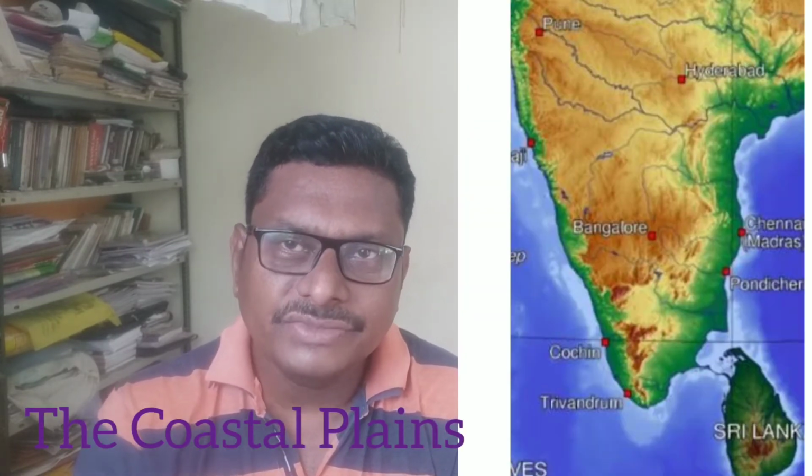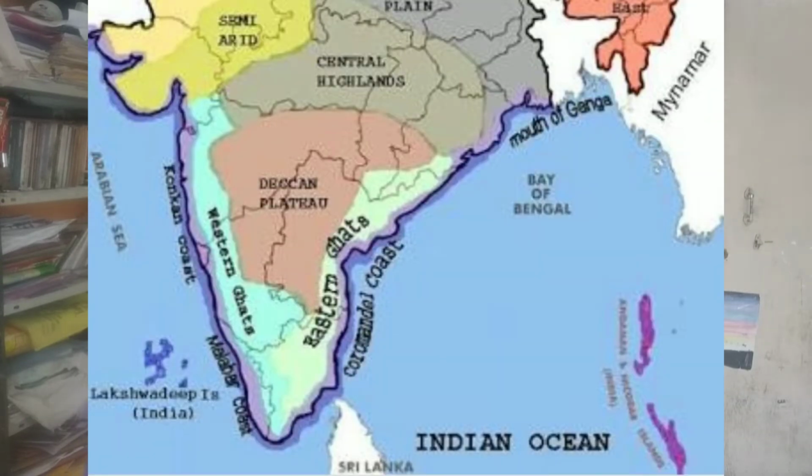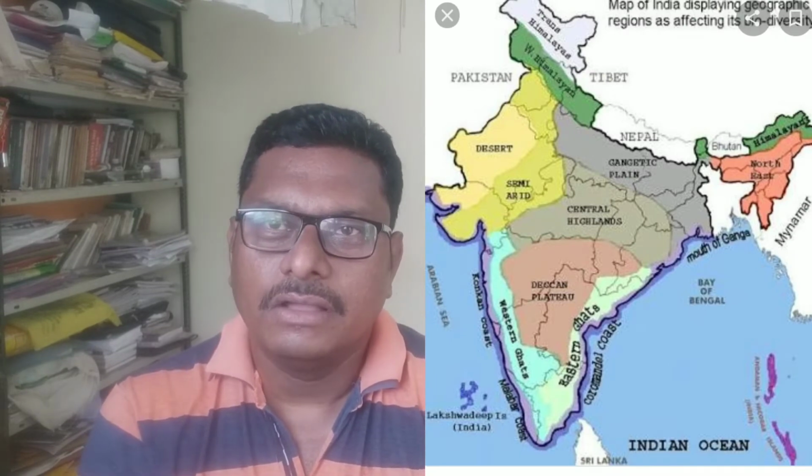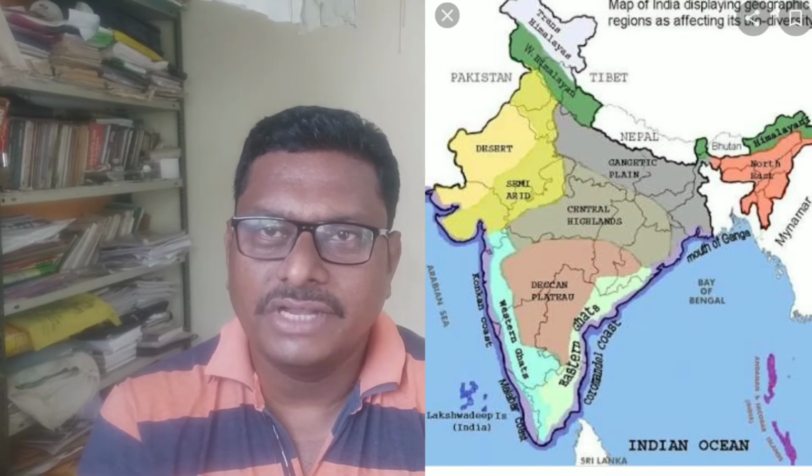Now, my friend, as we cross the Western Ghat and the Eastern Ghat, there are small strips of plains, and those small strips of plains are known as the Eastern Coastal Plains and the Western Coastal Plains. So let us see the coastal plain first.